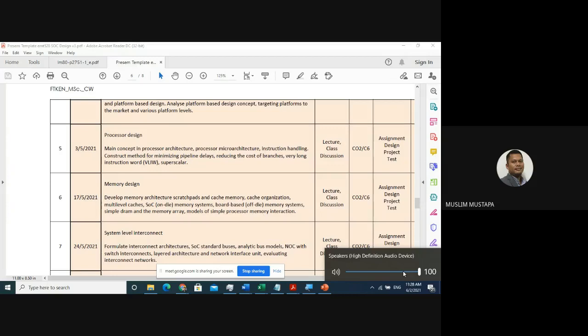A simple example is the PlayStation and iPhone. All of this is a system on a chip. And system on chip design and hardware implementation.